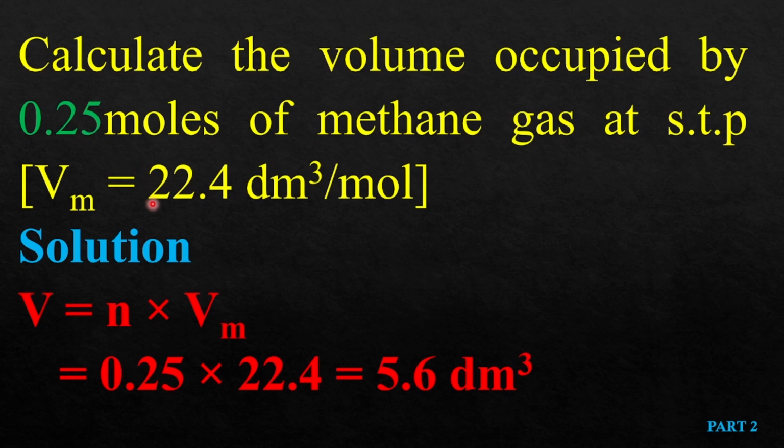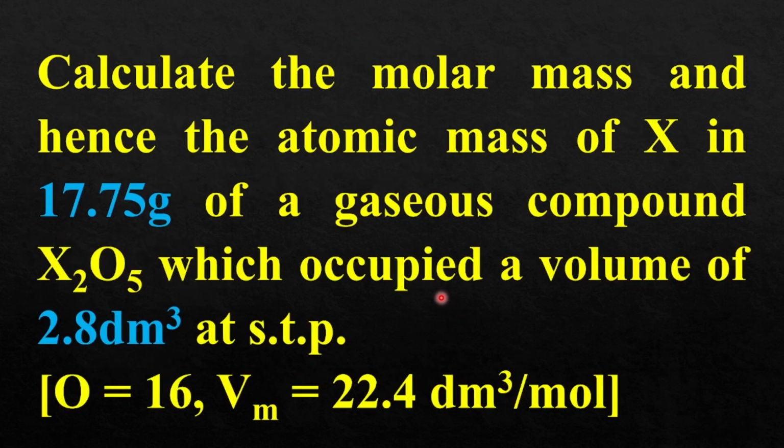By making V the subject, you will get V equal to n times Vm, and that will be 0.25 times 22.4, which is equal to 5.6 dm cube. Nice try.